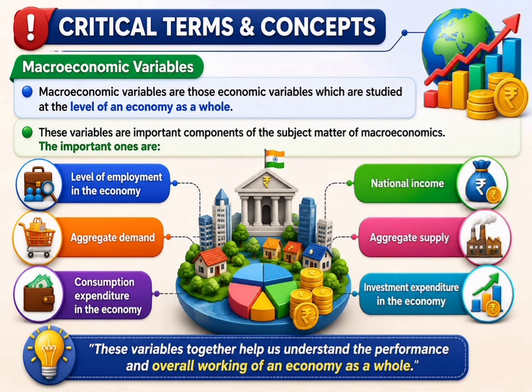And sixth one, investment expenditure. Investment expenditure means the total money spent on creating new assets or expanding businesses. For example, if a company builds a new factory or buys new machines, it is called investment expenditure. This helps increase production and creates more employment.